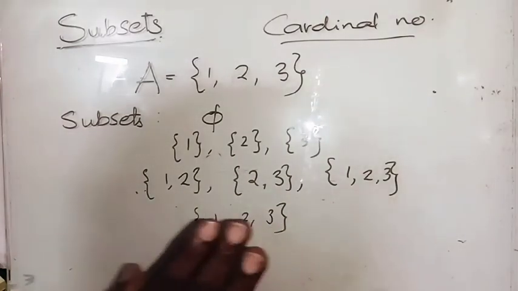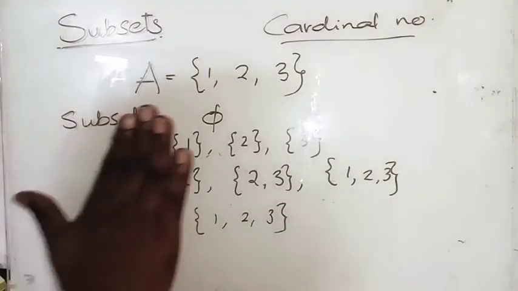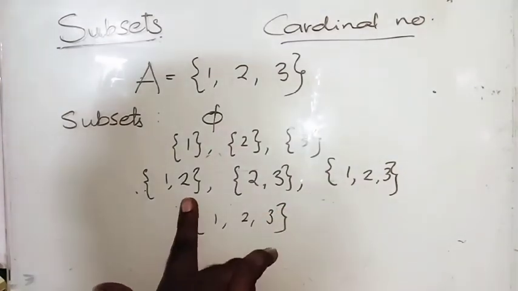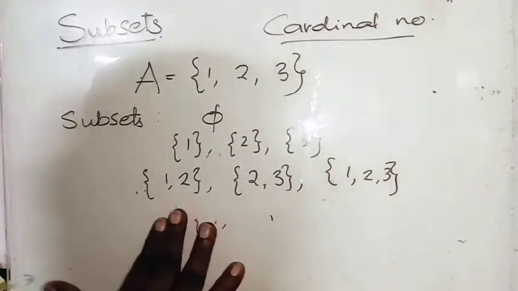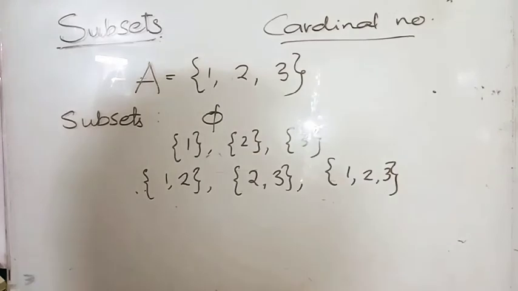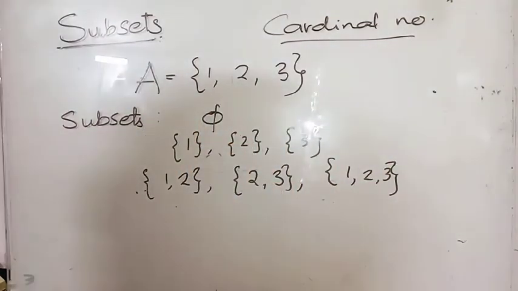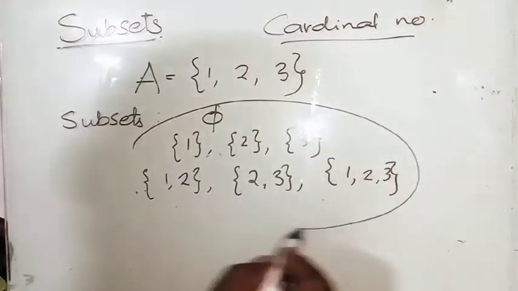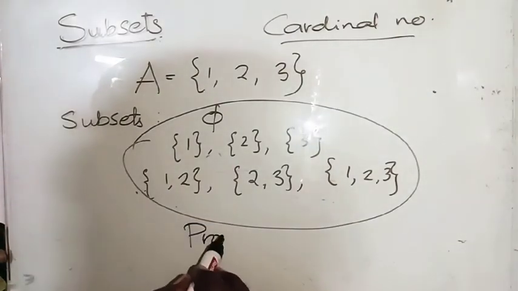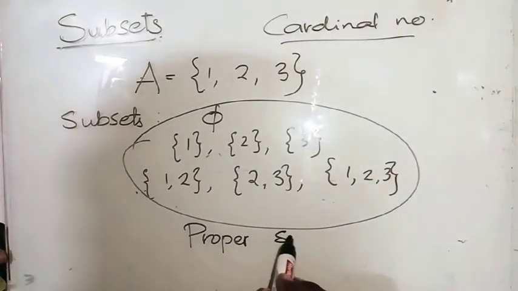Now suppose we take all these subsets except that set itself. We don't want that set as a subset. Then how many subsets are formed? 7 subsets. These subsets are known as proper subsets.